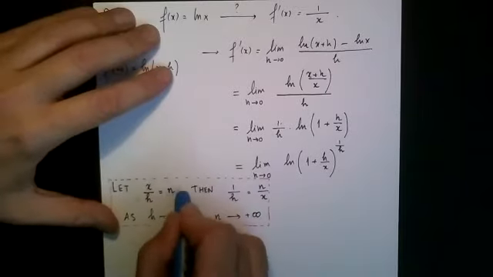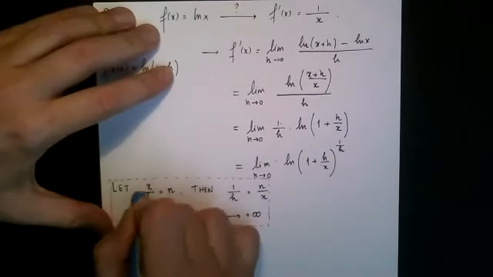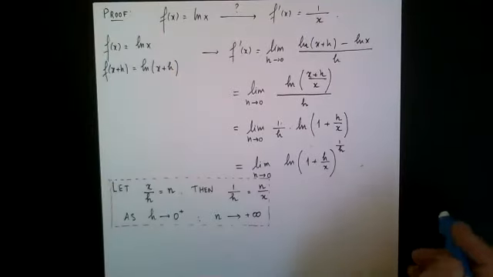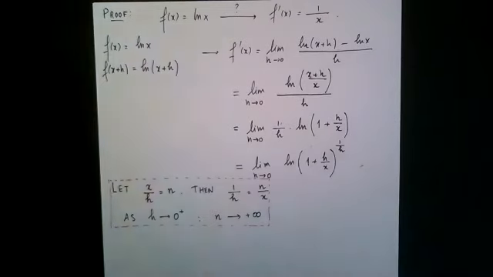Now I'm expecting a question which I'm not getting. That's why I'm stalling a bit, because I'm waiting for you to ask me a question. But where did you get x over h equals n? Did you just guess?